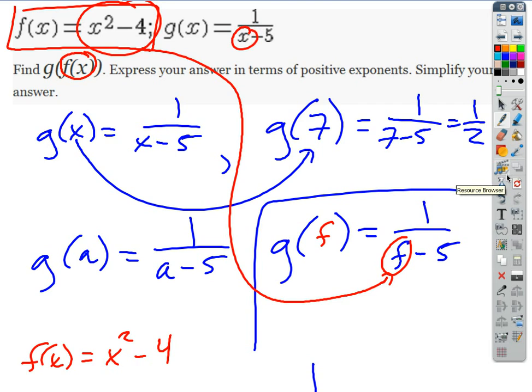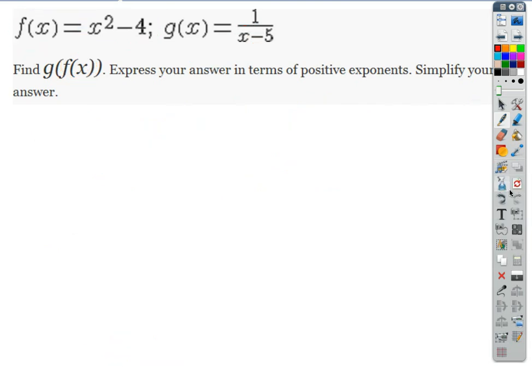Okay, what if I said this? What if I said instead of finding g of f of x, this time I want you to find f of g of x? What's that going to look like? Okay, so that's going in there. Now, if f of x is x squared minus 4, f of hand is just hand squared minus 4, where what's behind my hand doesn't matter. Could be an x, could be a 10, could be whatever. Whatever's behind my hand is just going to go right there, isn't it?